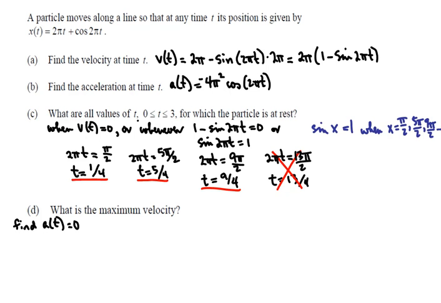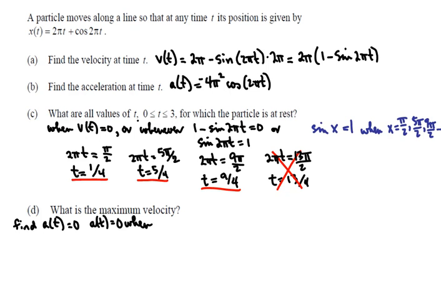Now again, there could be a relative maximum or relative minimum wherever the derivative is 0, or neither. So we have to find all those places and then evaluate the velocity function at those places and see which one has the largest value.